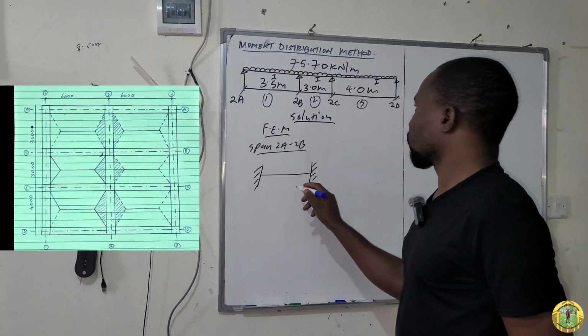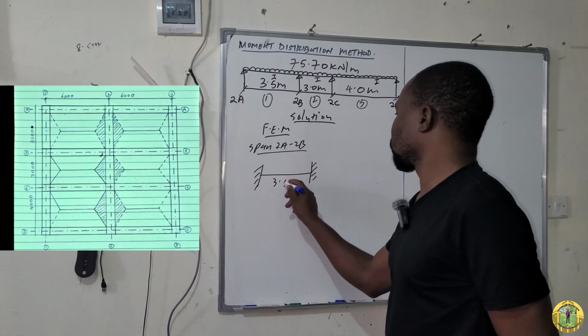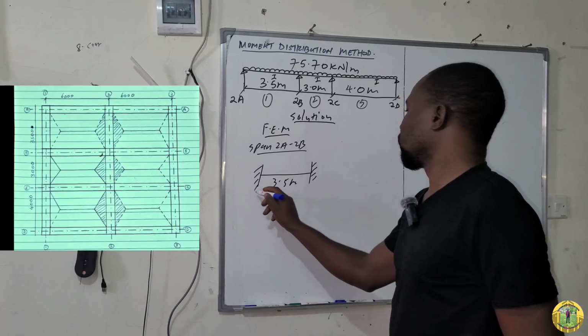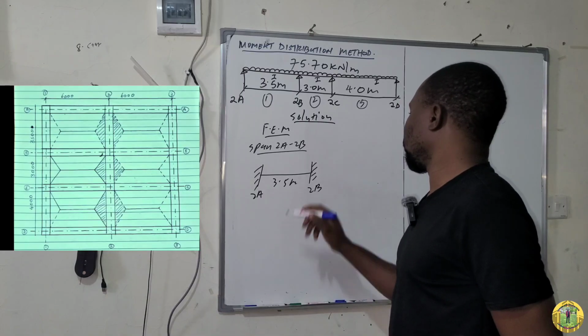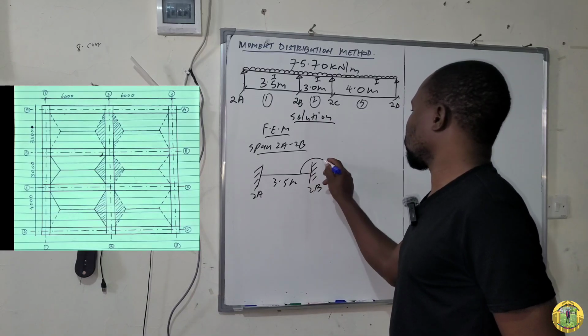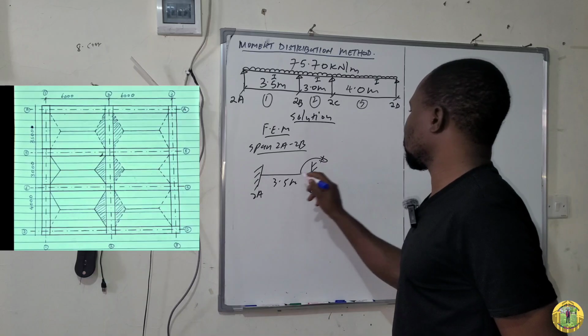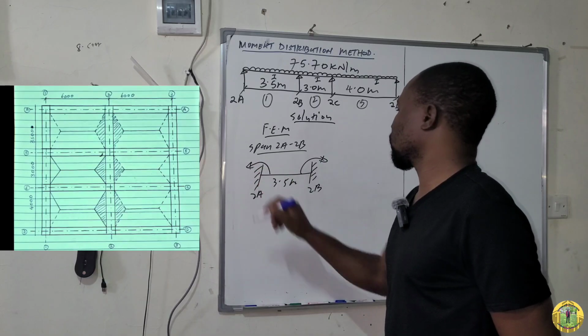Like that. So this is 3.5 meters. This is 2A and this is 2B. So this is our fixed end moment. Again, this one is our fixed end moment.